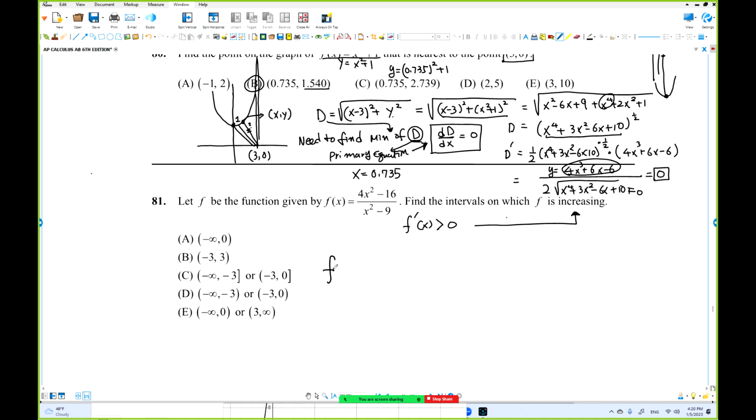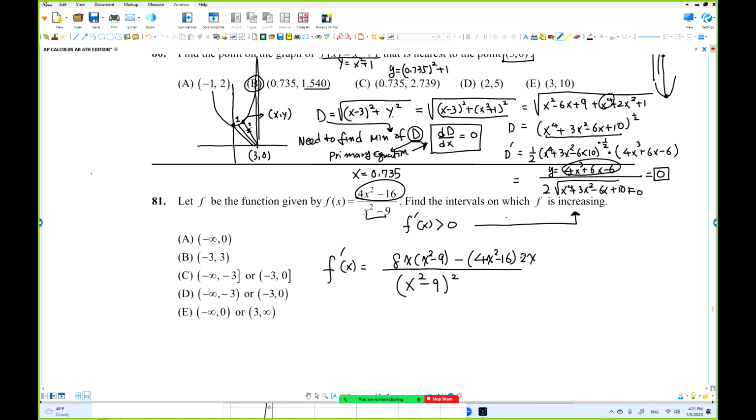That's your quotient rule, right? x squared minus 9 squared. The first one, the numerator derivative is 8x times the denominator, and don't touch the first one, 4x squared minus 16. Take the derivative of the denominator, 2x.